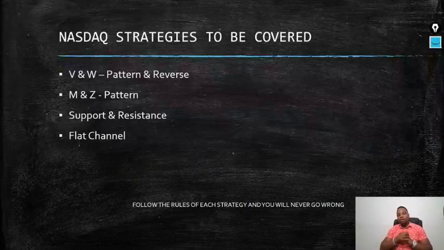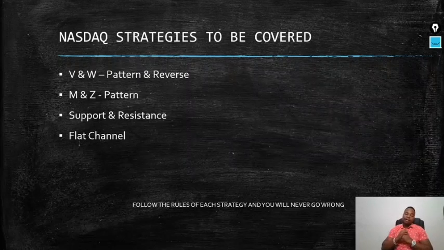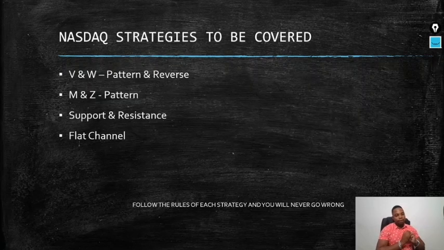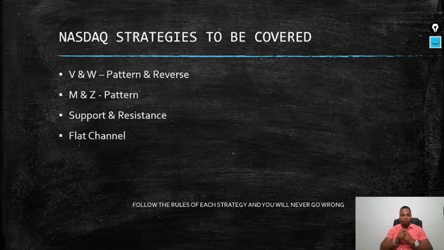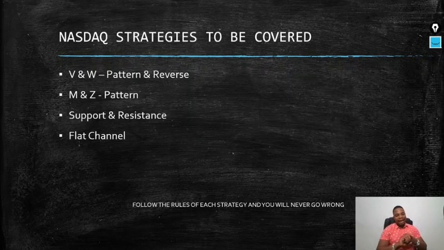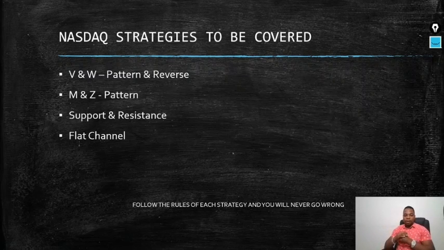There are 4 strategies that will be covered in this course that you're going to be using to trade NASDAQ. The first one is the V and W. This one is a pattern as well as a reverse pattern that you have to be familiar with. The second one is the M and the Z pattern. That's your double top as well as your Z pattern.